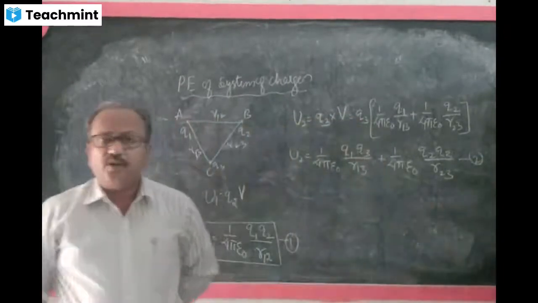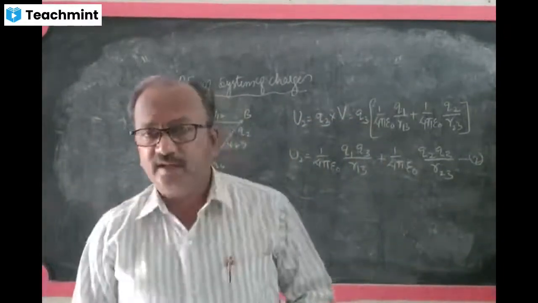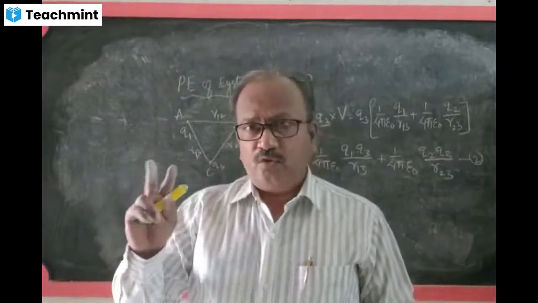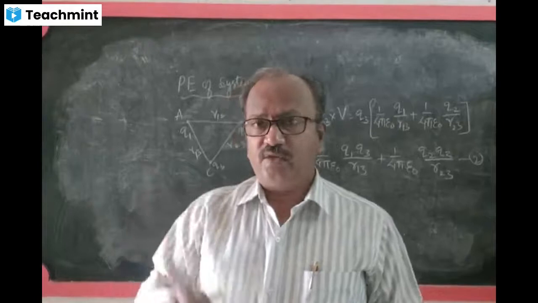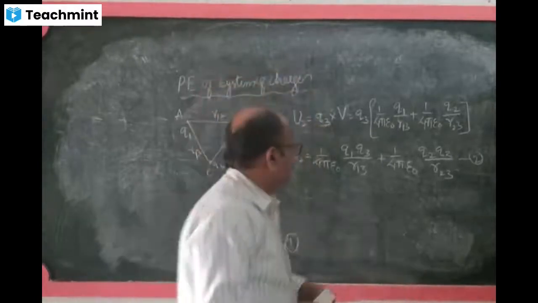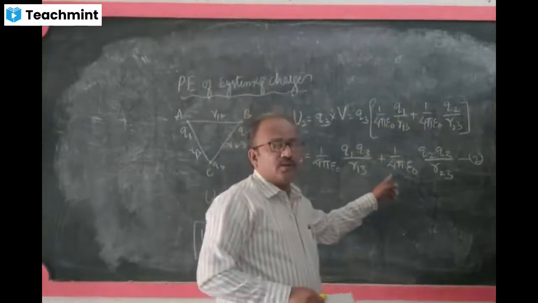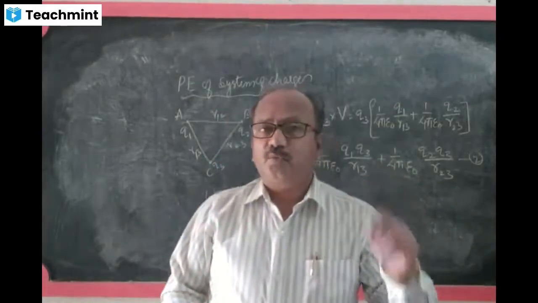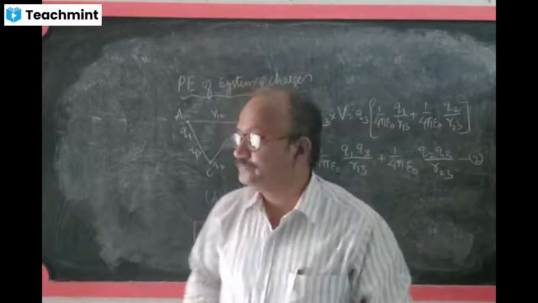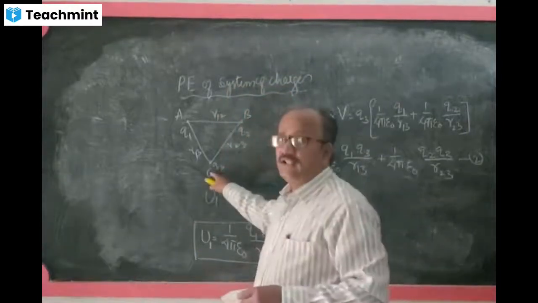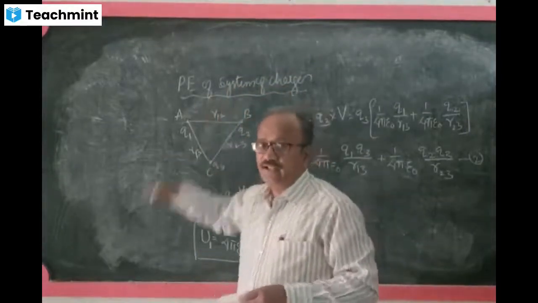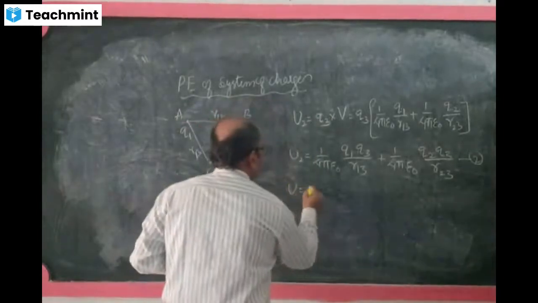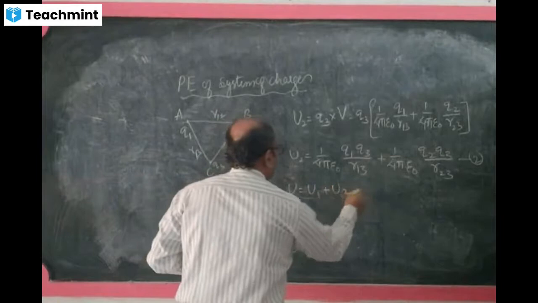So equation 1 explains the potential energy between two charges, that is Q1 and Q2 only, whereas equation 2 represents the potential energy between the third charge and the first two charges. Hence, the total potential energy is U1 plus U2.